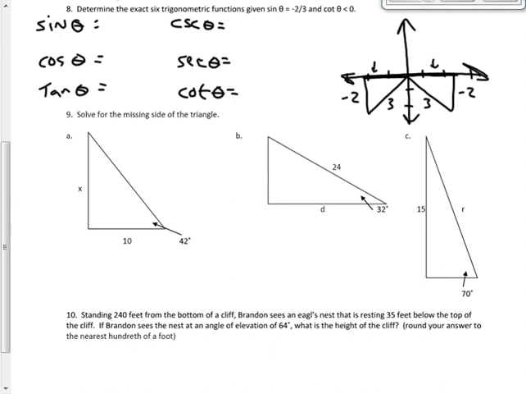And that's where the extra piece of information comes from here. The cotangent is going to be negative. So that means that when I take the x over the y value, I'm going to end up with a negative number. So that means that if it happened to be this triangle, this would be a negative number.